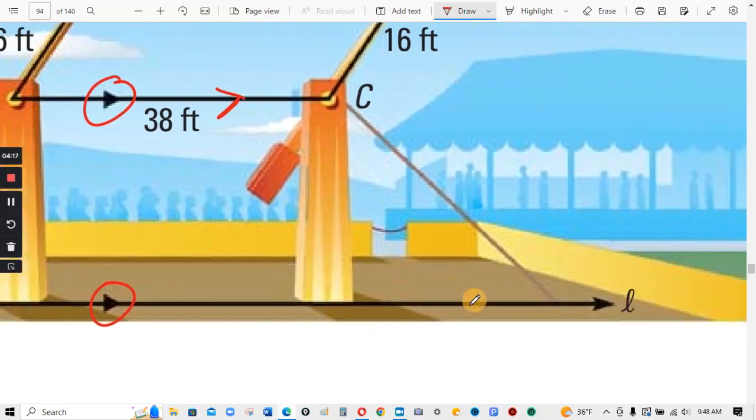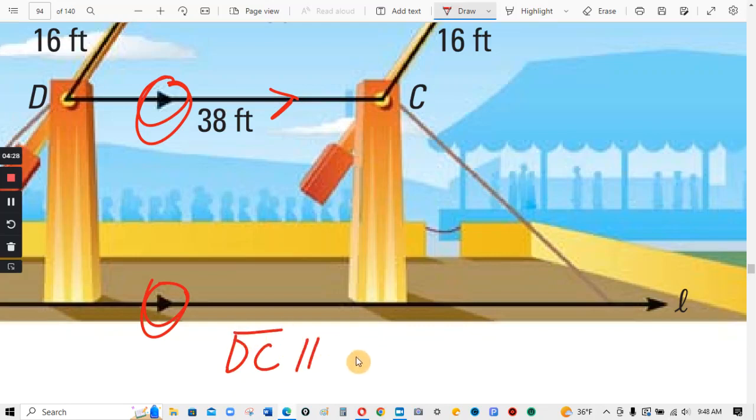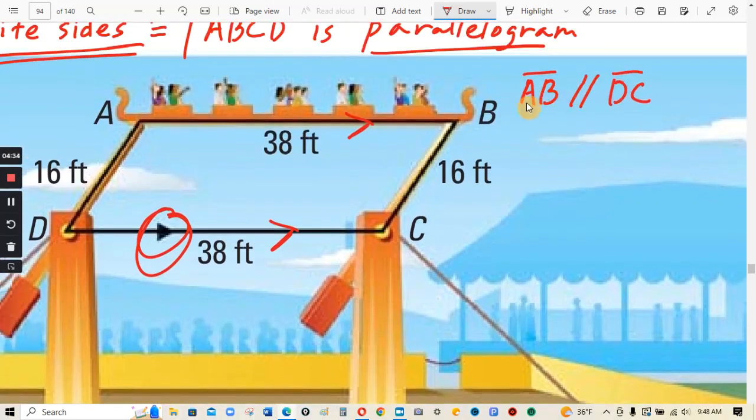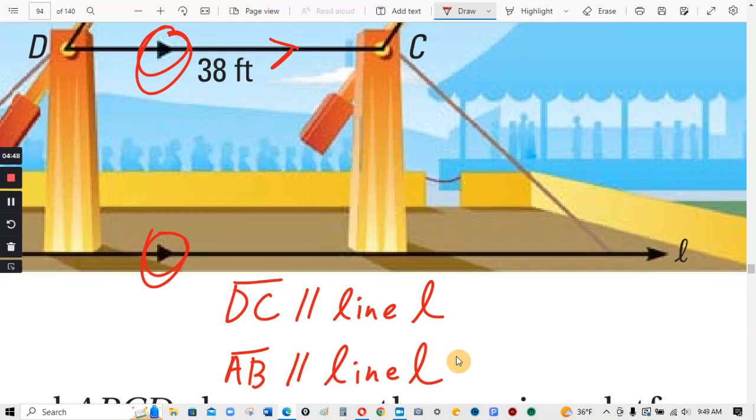They said the ground is line L, and it was given right here: DC is parallel to line L. And we said that AB is parallel to DC. So that means AB is also parallel to line L. So that's it. That proves it.